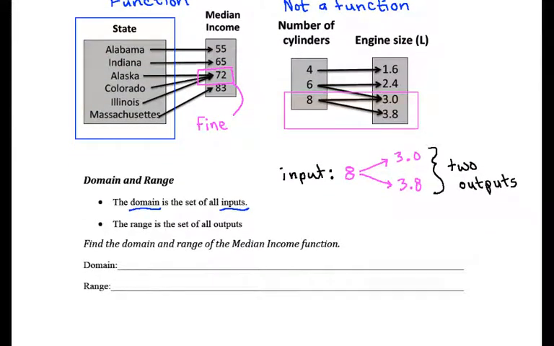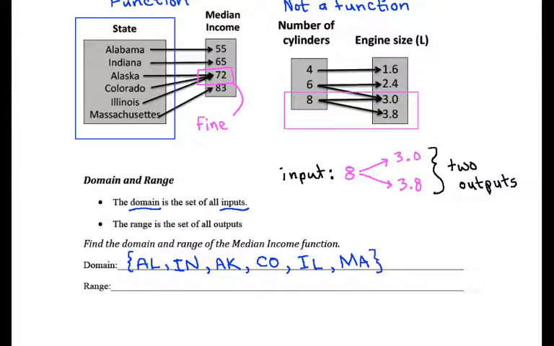So we can write down the domain of this. I'm going to use postal abbreviations just to make it go a little more quickly. Alabama is AL. Indiana is IN. Alaska is AK. Colorado is CO. Illinois is IL. And Massachusetts is MA.